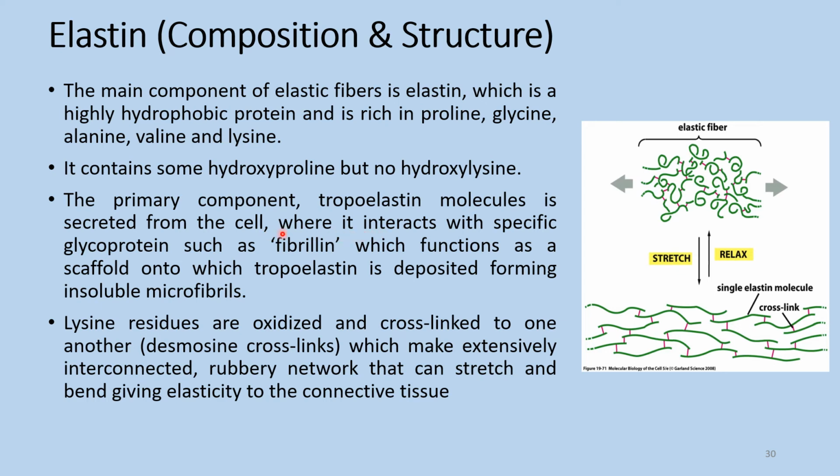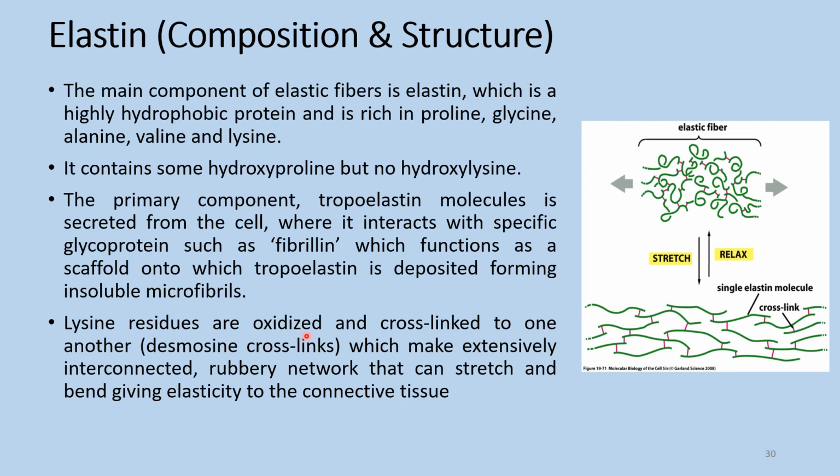This tropoelastin is wound around another protein called fibrillin. This fibrillin is a glycoprotein on which tropoelastin is folded, or you can say that fibrillin is providing a scaffold onto which tropoelastin is deposited, forming insoluble microfibrils.